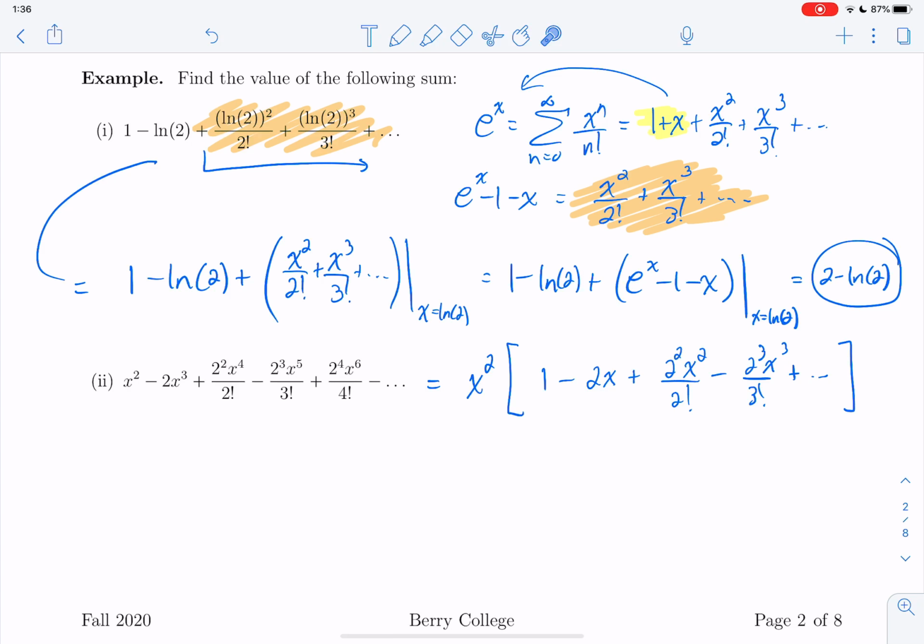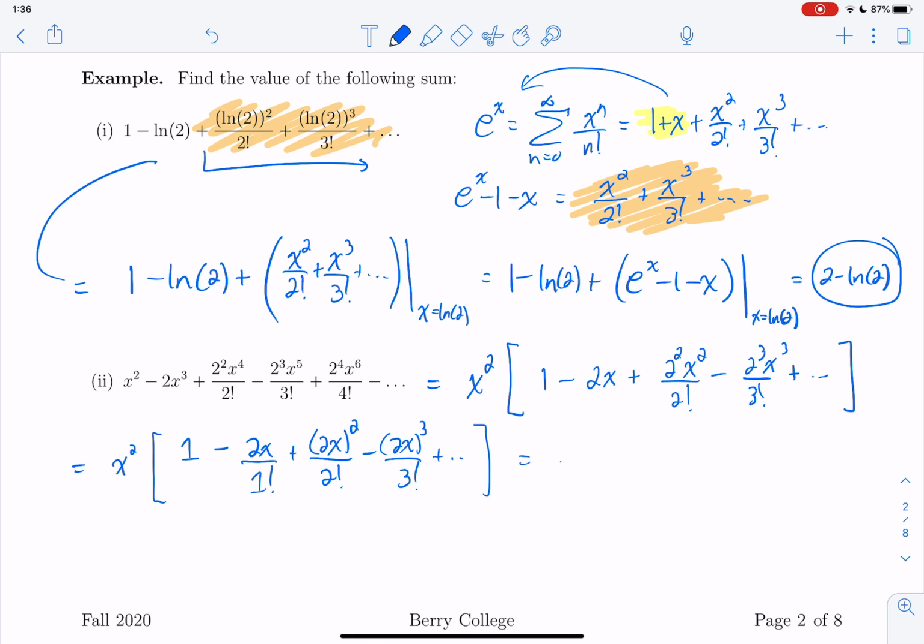These all have the same powers, so this is the same as x squared times 1 minus 2x over 1 factorial plus 2x squared over 2 factorial minus 2x cubed over 3 factorial, etc. And we witness that that's just going to be now x squared times the sum from n equals 0 to infinity of what?